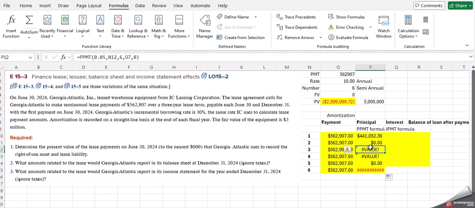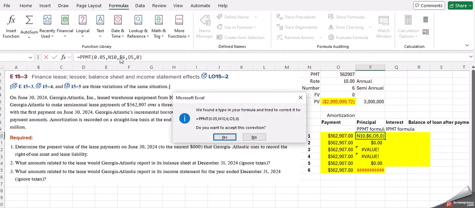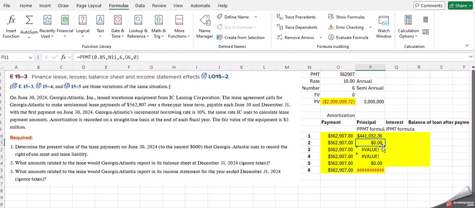It's increasing that 6. I just wanted to drag it down and not have to do it each time, but maybe I will.